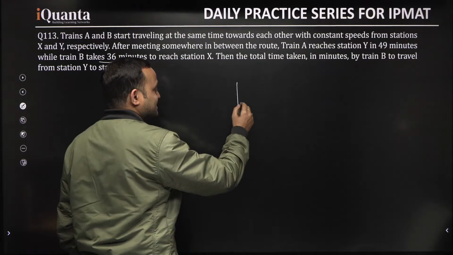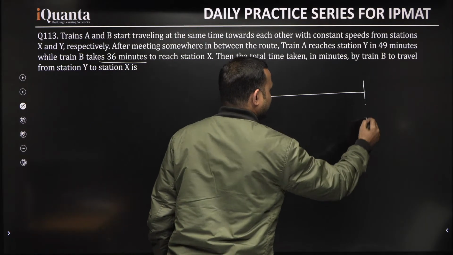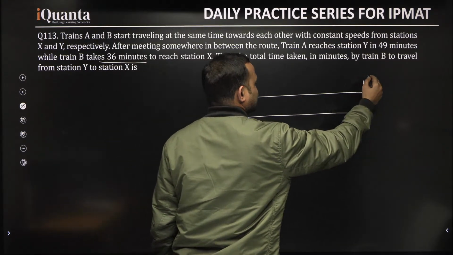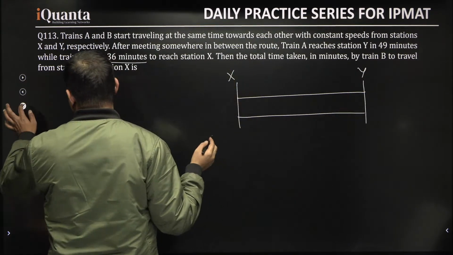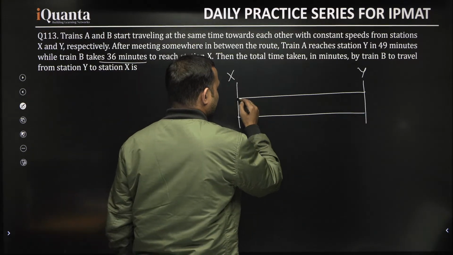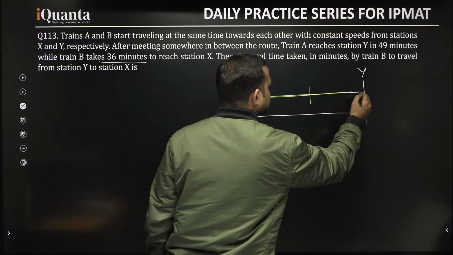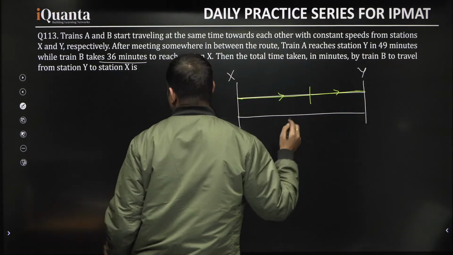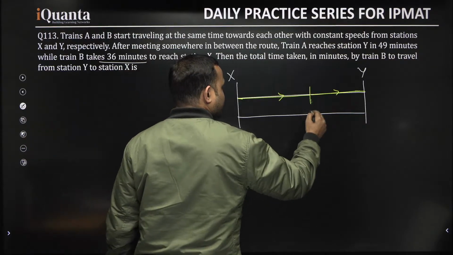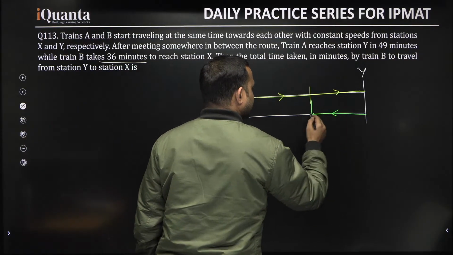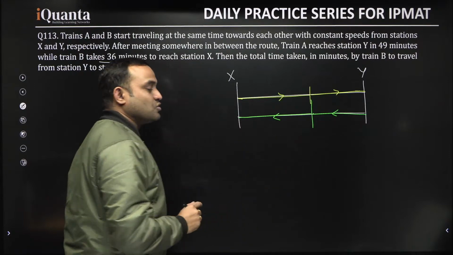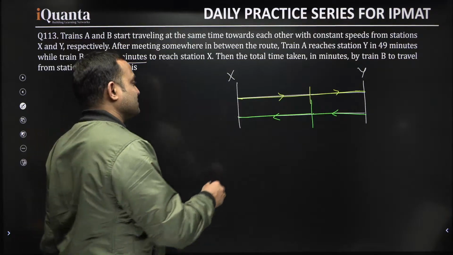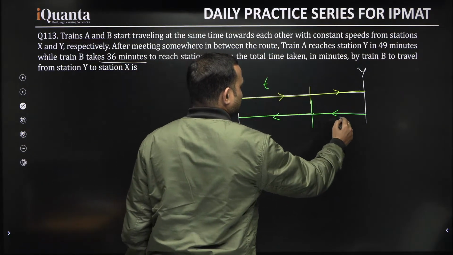Sonipari is part of our batch and she has learned this shortcut to use. See, whenever you get a situation like this, where there are two objects, one starting from X, the other starting from Y, at the same time, and after meeting, they go to their own destination. What will happen? The time taken by both of them to meet will be t.